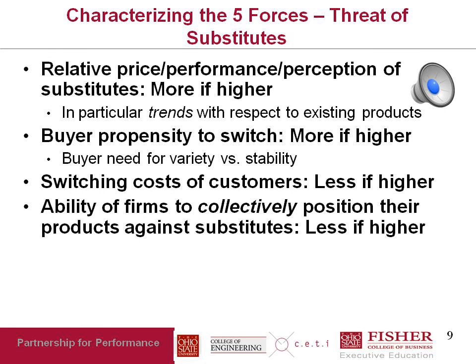The threat of substitutes can be characterized as follows. So if the existing products within an industry structure are considered to be high quality with respect to any substitutes, then the threat of substitutes is likely to be low.